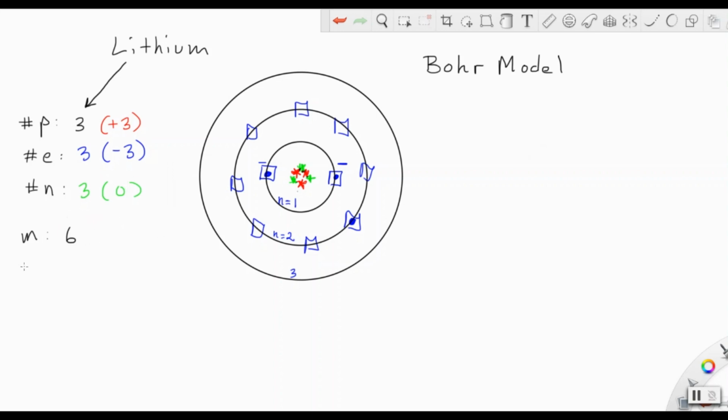This is given as lithium-6, which is the natural mass of lithium. But we could have a lighter lithium atom by taking away one of our neutrons, in which case we would then have only 2 neutrons, which would give us a total mass of 5. So this would be called lithium-5.